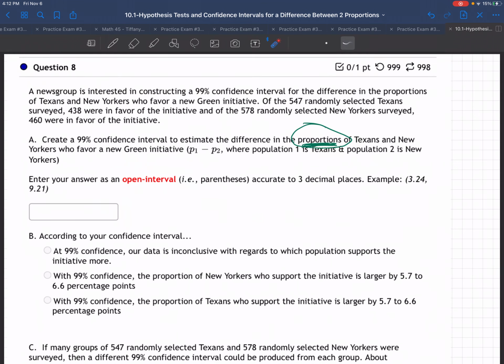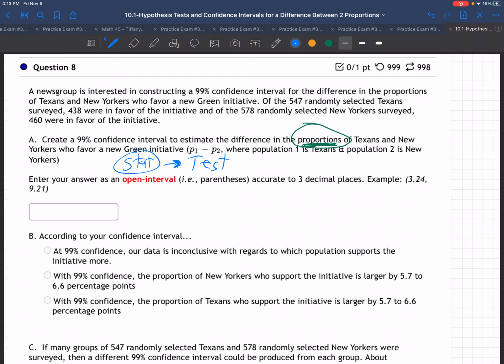So I'll go to the 2 prop z interval. On my calculator, that means I'm going to hit the stat button, go over to tests, and go down to the one that is the 2 prop z interval.